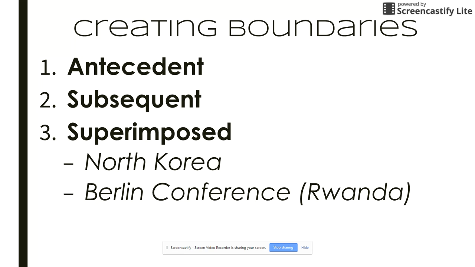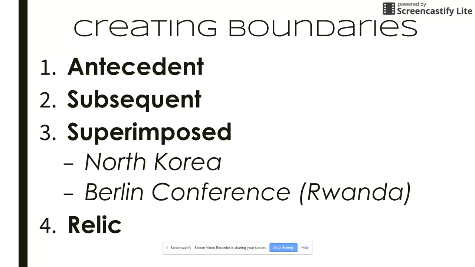And doing so and creating a lot of those boundary lines, we've seen a lot of really unintended consequence and aftermath. Rwanda will be our big case study for superimposed boundary lines that were drawn by Belgium, by some colonial powers that really left boundary lines not respecting ethnicity in the region. And we'll talk about that a little bit later.